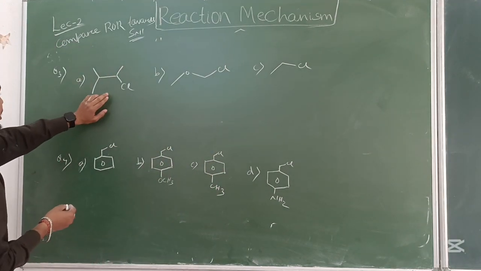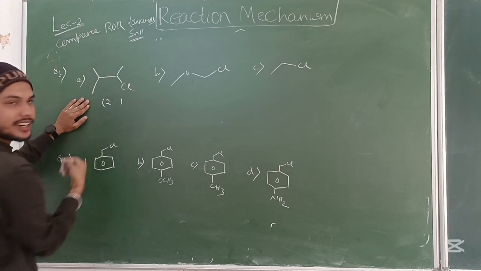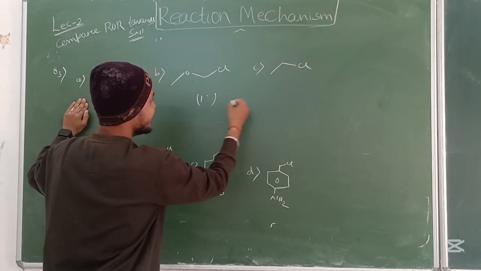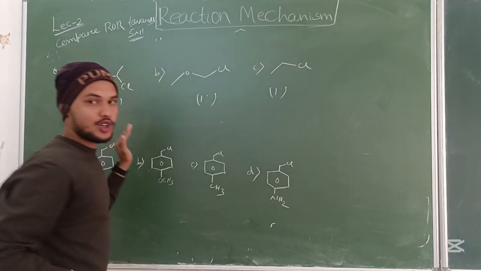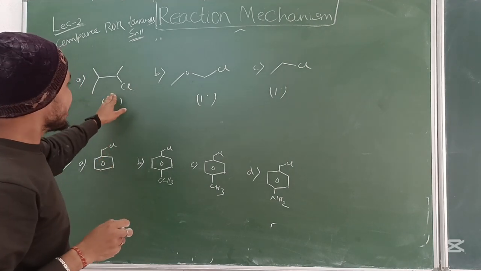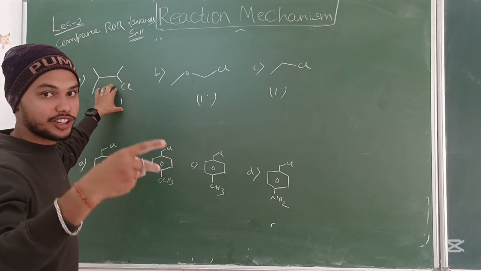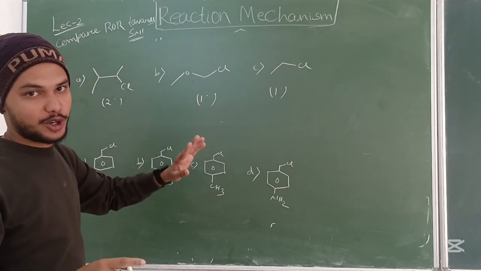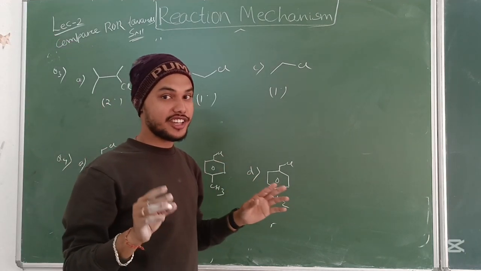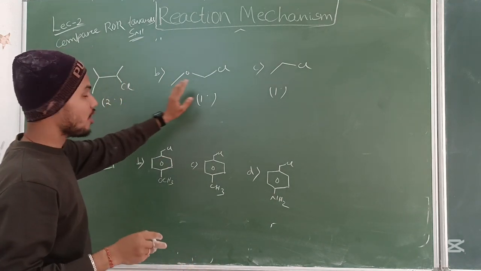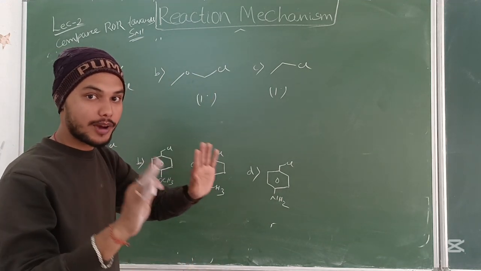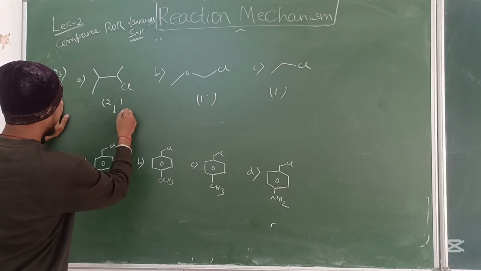In this question, it is a 2 degree alkyl halide, a 1 degree alkyl halide, and also a 1 degree alkyl halide. So you may think that the 2 degree alkyl halide will be more stable, that it will proceed by SN1 faster, but not. Here is a concept. After removal of the leaving group, you check the intermediate stability.